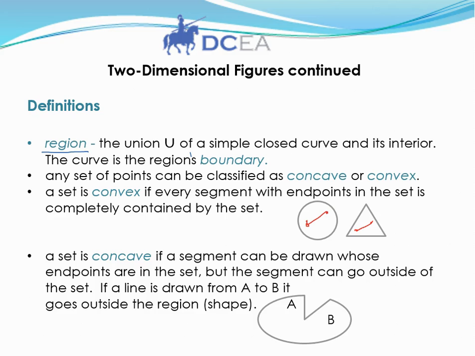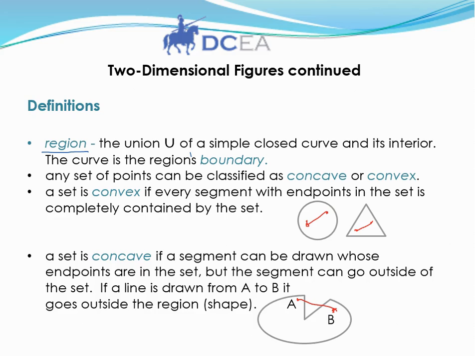A set is concave if a segment can be drawn whose endpoints are in the set, example here A and B, but the segment can go outside the set. If I draw a line from A to B, you can see that the line goes outside the region or the shape.